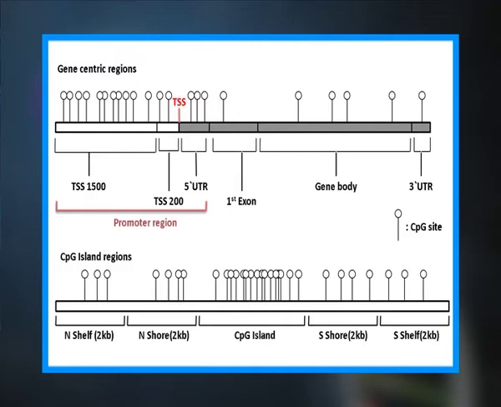Such islands of normal CpG density are comparatively GC rich, typically more than 50% guanine plus cytosine, and extend over hundreds of nucleotides. CpG islands are gene markers because they are associated with transcriptionally active regions.